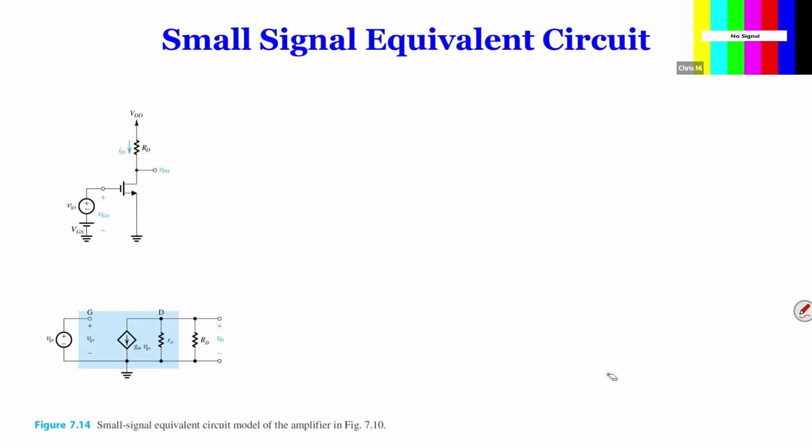So when you guys do this in the future, isolate the MOSFET. Step 1 is to look at where the MOSFET is. The second step is to draw the equivalent circuit model of that MOSFET, or BJT.